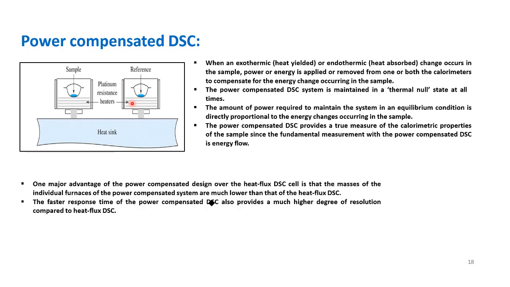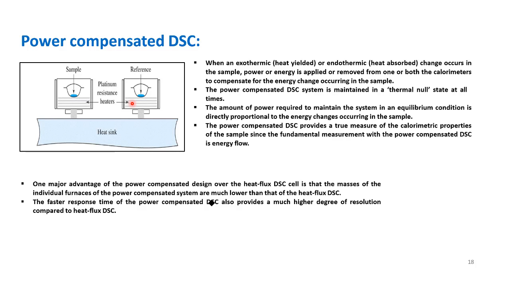The power compensated DSC system is maintained at a thermal null state at all times, and the amount of power required to maintain the system in equilibrium is directly proportional to the energy changes occurring in the cycle. So we can directly check it. Whether the power is required or compensated, both can be analyzed, and since it is directly proportional to the energy change, we can relate it with the energy change, whether it is taking heat or yielding heat.